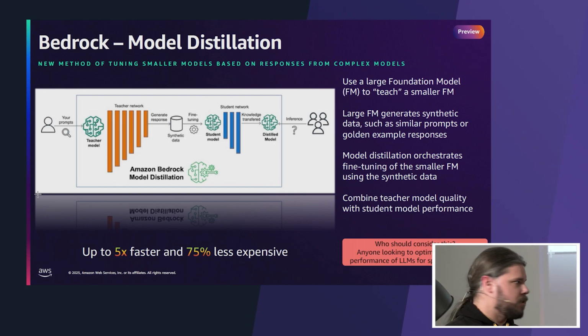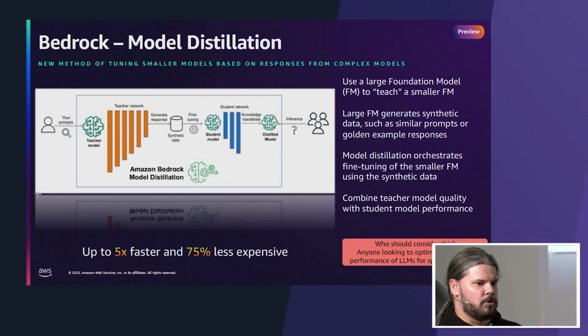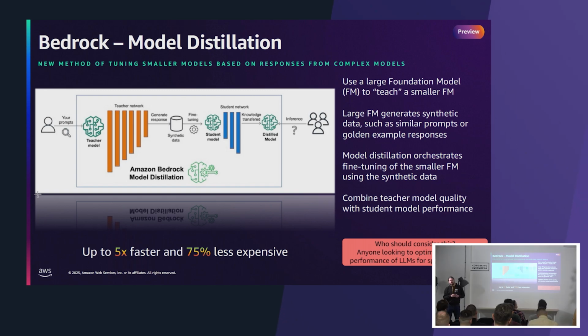Normally, previously, before the model distillation was available, you could do this simply by fine-tuning the model. So you would need to find some example prompts, example responses, and just fine-tune the model and hope for a good result. Model distillation basically streamlines this process. So it can help you to basically work with the larger model, the teacher model.